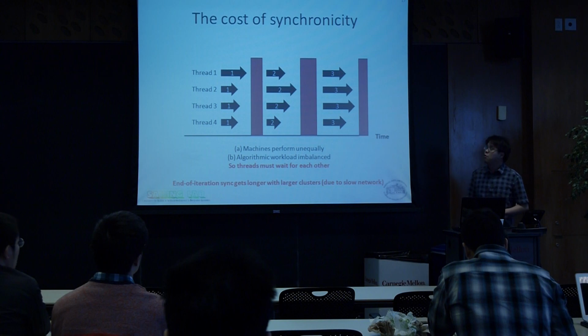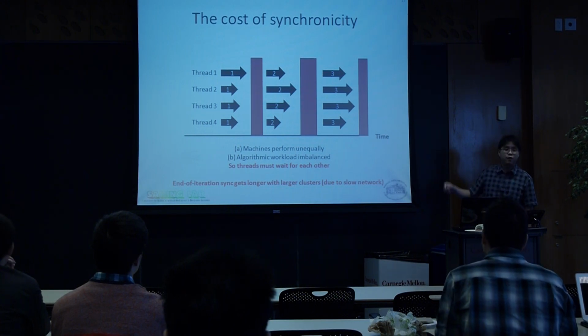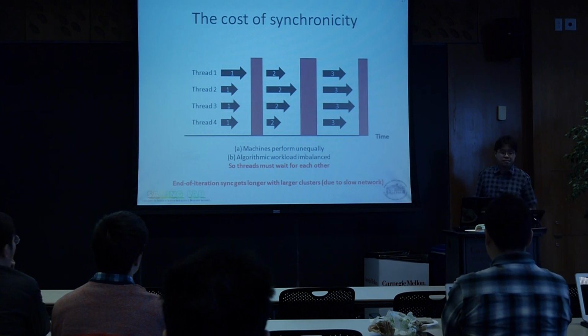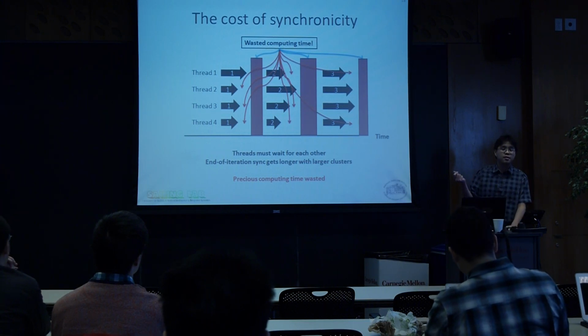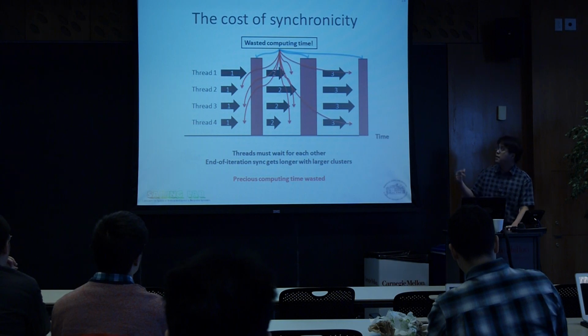So not only are you losing time from having threads wait for each other, the synchronization phase actually takes longer and longer. The point is that all that time is CPU time that could have been spent doing some computation, but ends up being wasted because you sit idle and have to wait for parameters to be exchanged or simply for other threads to catch up.